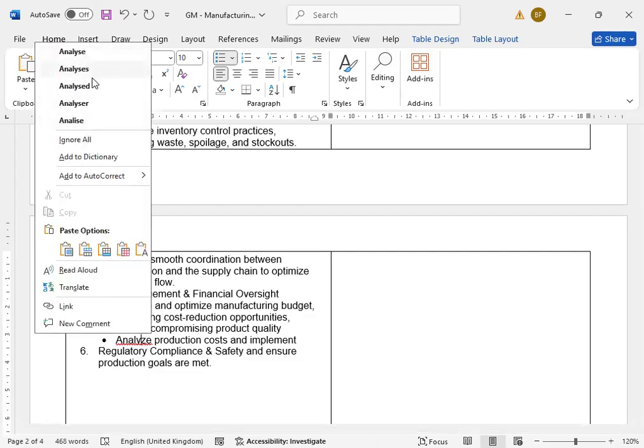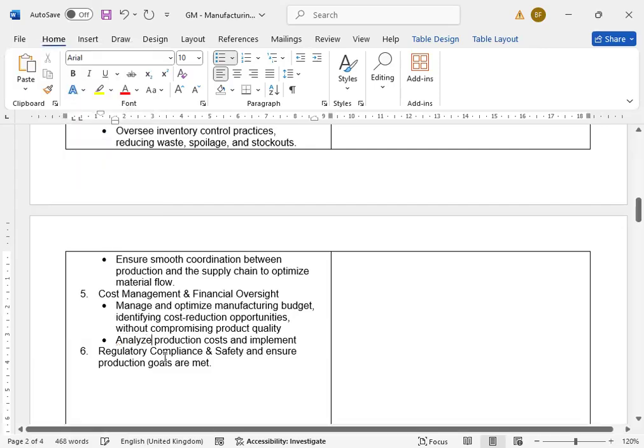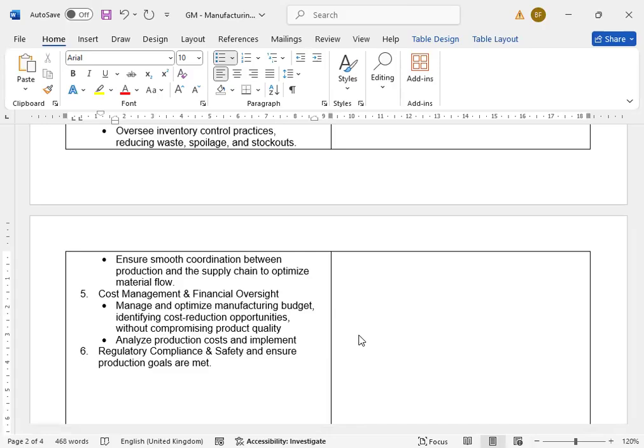No, I don't like S. It should be Z. So, analyze production costs and implement cost saving initiatives.